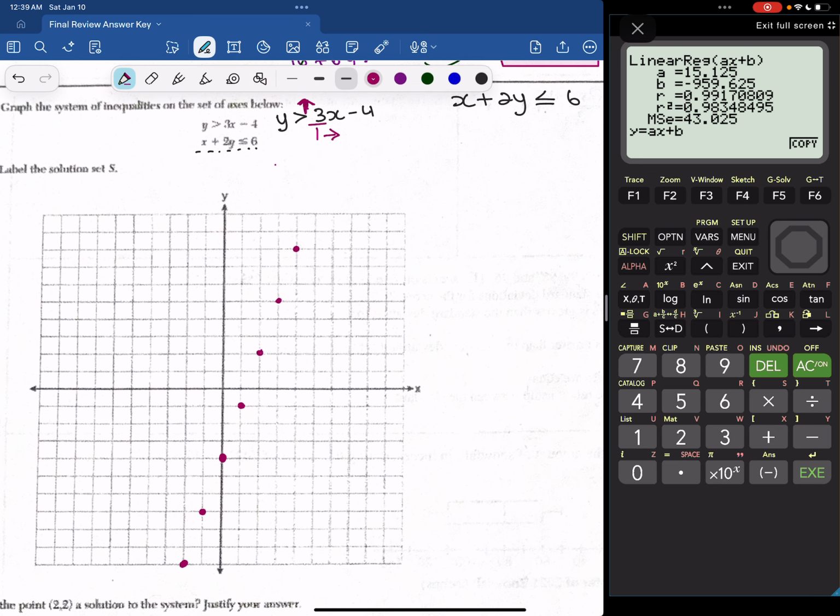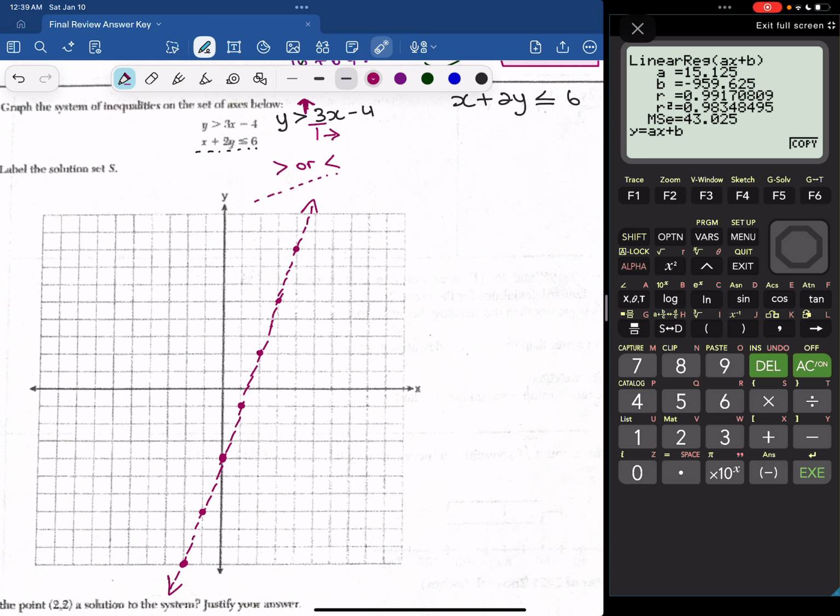So when we have a greater than or less than, we do a dashed line. So for my points here, I'm going to make a dashed line going through my points. Don't forget the arrows at the ends of the line.